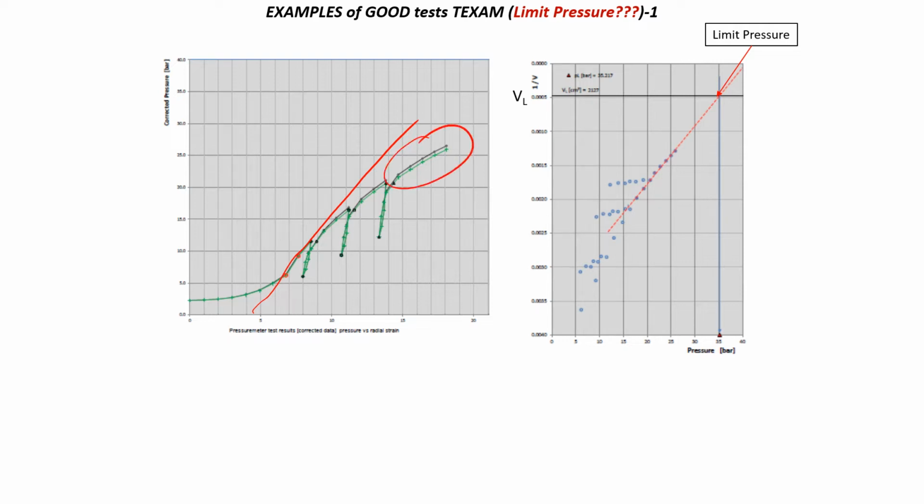That means these points and these points. I would like to show a difference. If you take just these 5-6 points, maybe this one, and you draw another curve using these points on the inverse volume axis, you get an increased limit pressure.